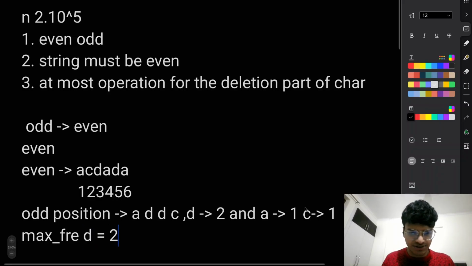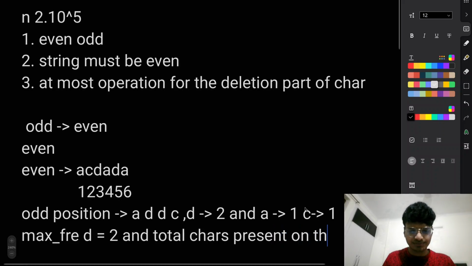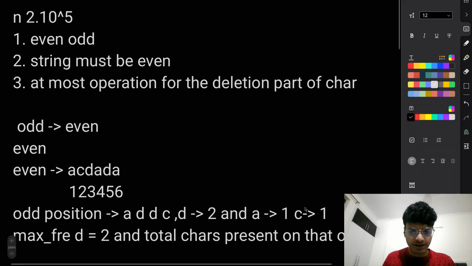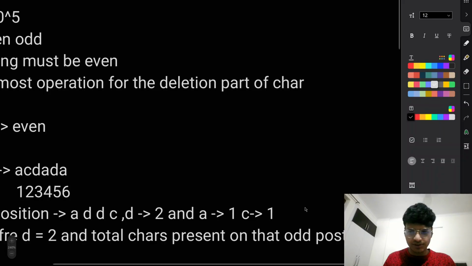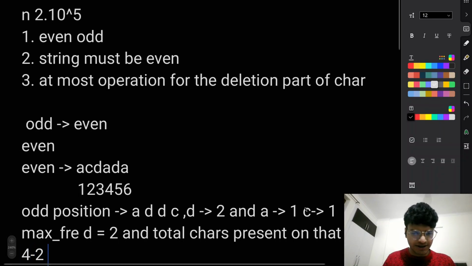Here it's D, it's 2, and total characters present on those odd positions is 4. So we will do 4 minus 2. That is the minimum operation that we can do here, that is 2.